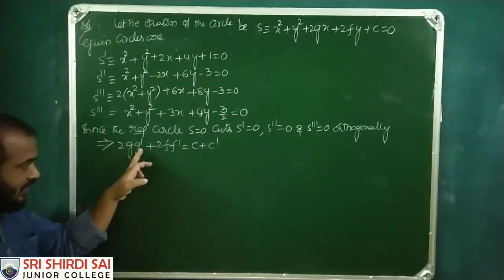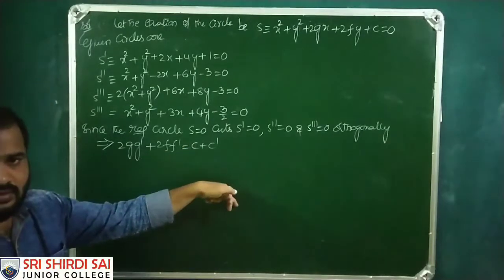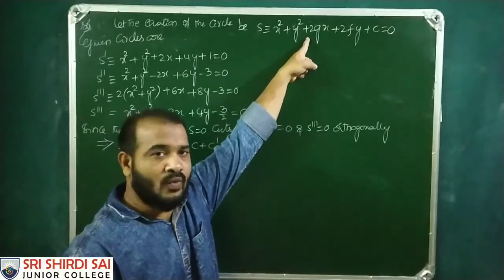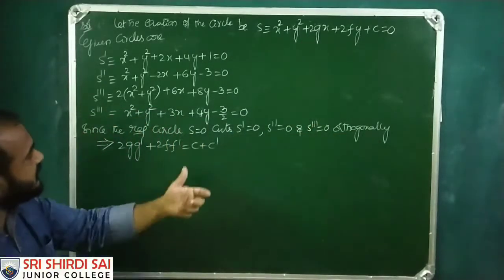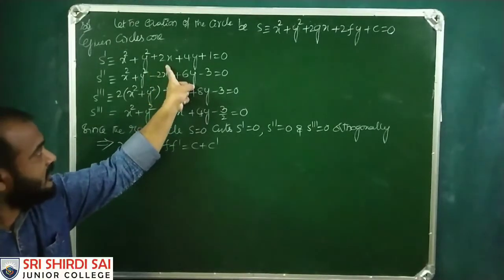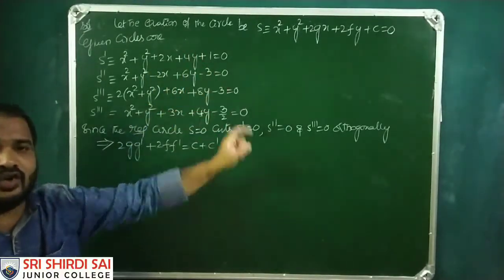Here G, F, C are the terms of this required circle, and G dash, F dash, C dash are the values of the coefficients of x, y and the constant.